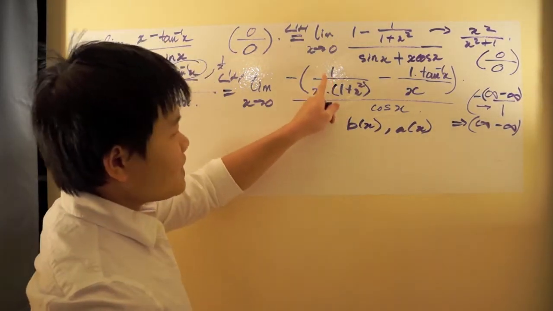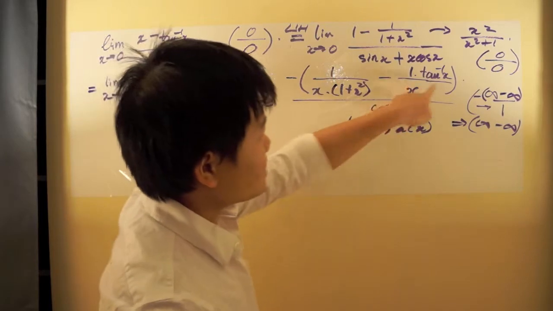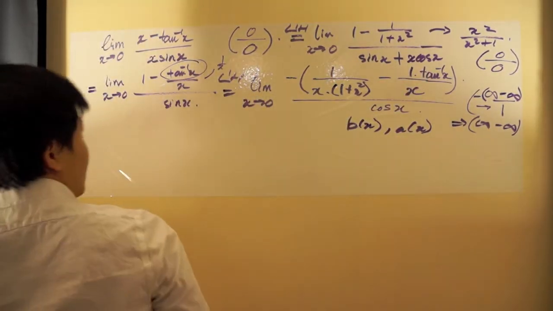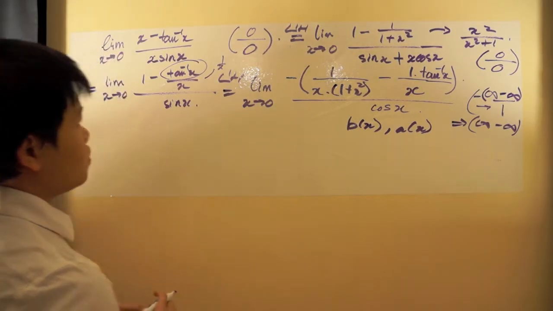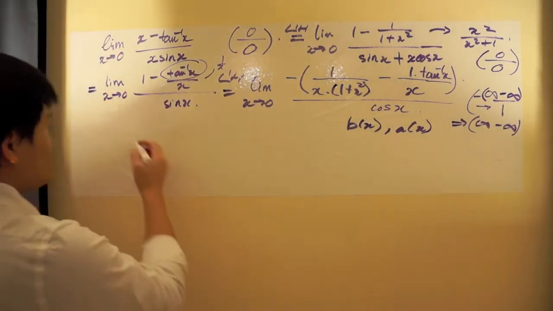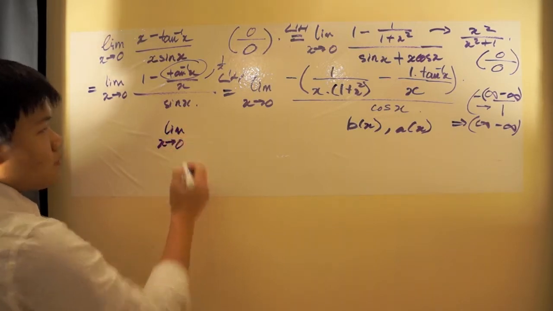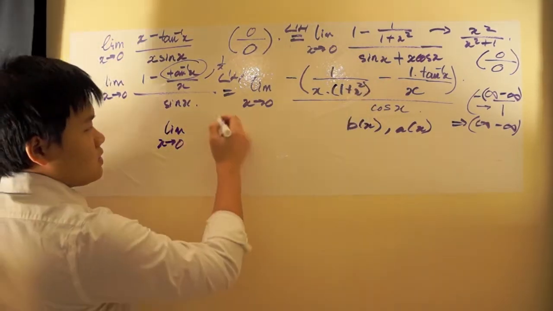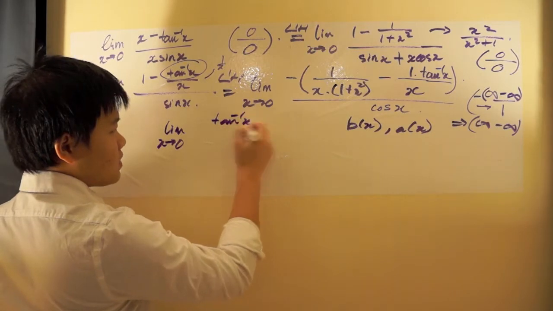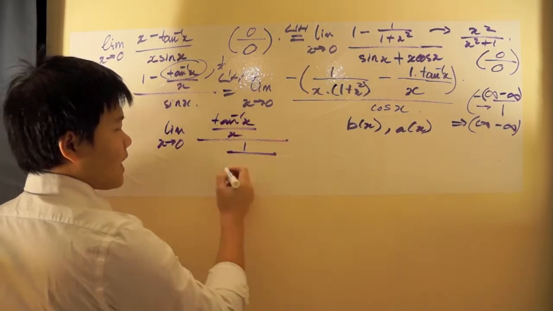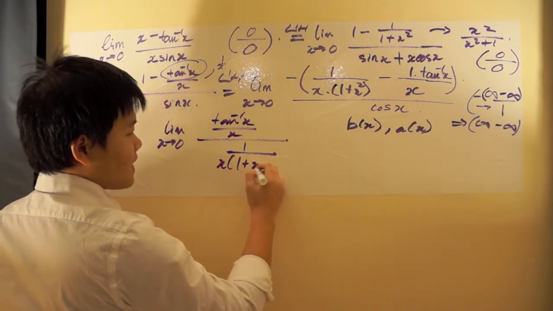Well, this entity is infinity, and this entity is infinity, so let's go ahead and have a look at what happens to the limit of the ratio of themselves, meaning you can evaluate the limit as x approaches 0 of inverse tangent x over 1 over x times 1 plus x squared.